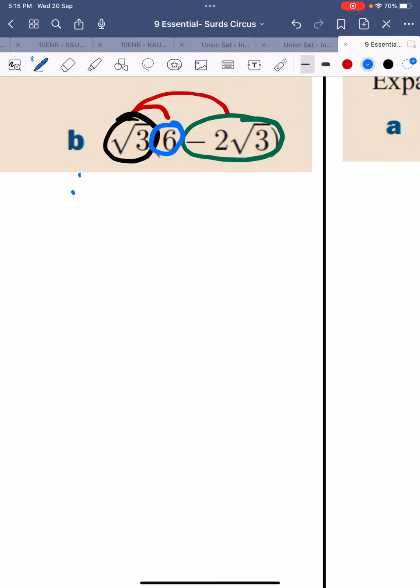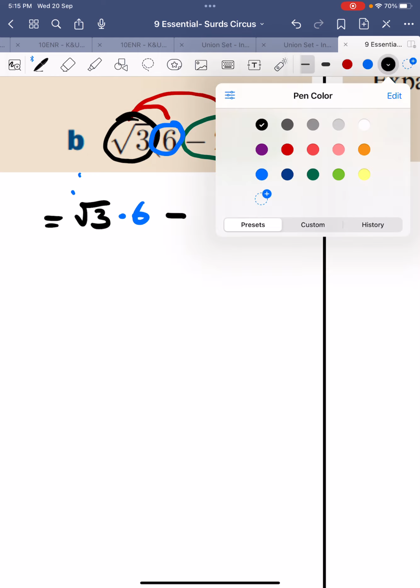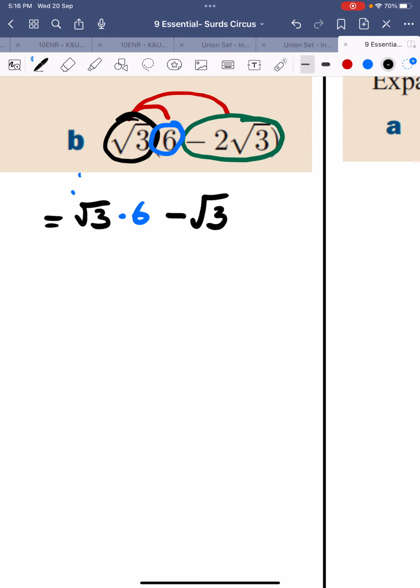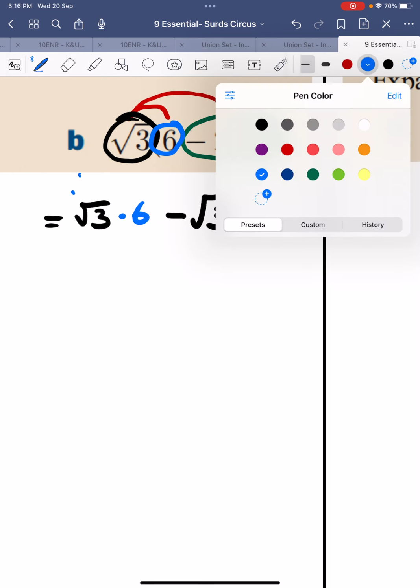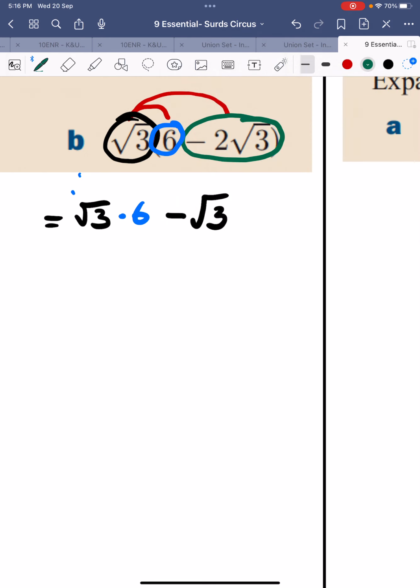Alright, so black times blue, then black times green. Alright, let's have a look. So the answer will be the root 3 times by the 6. And then we'll have a negative, and then we'll have the root 3 again. And that'll be times by, in green, that'll be the 2 times root 3.